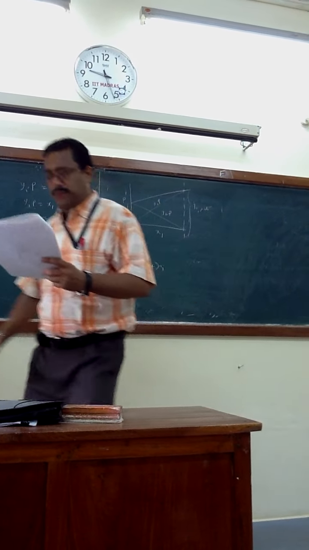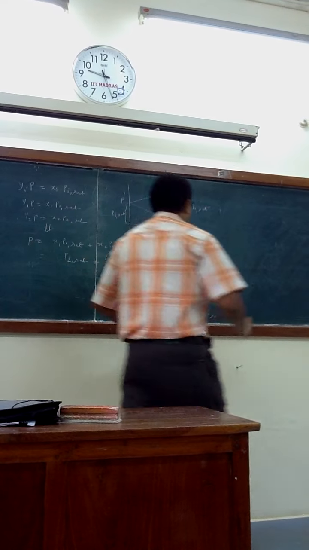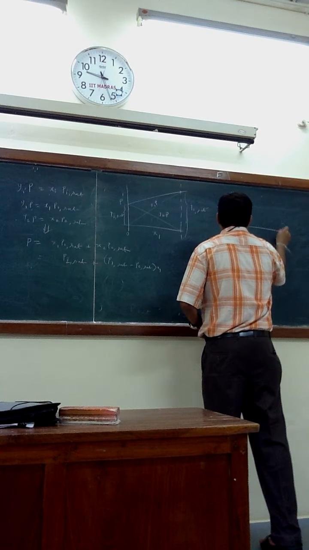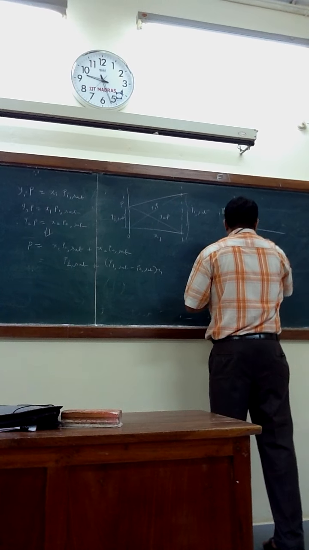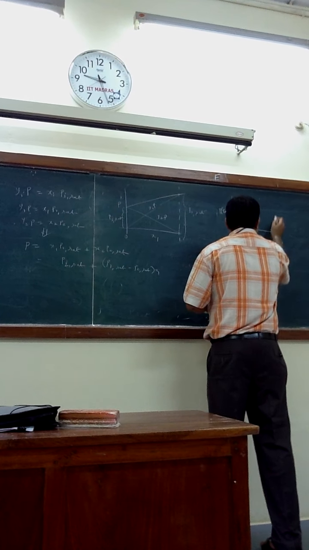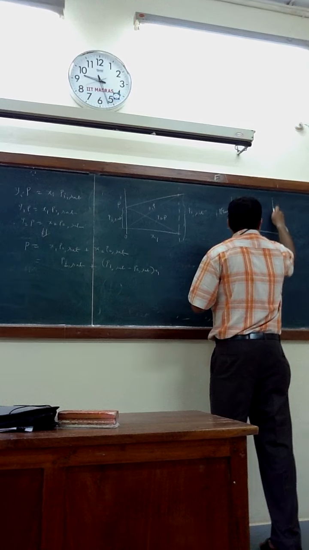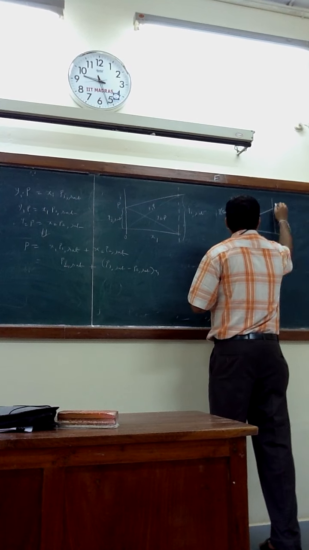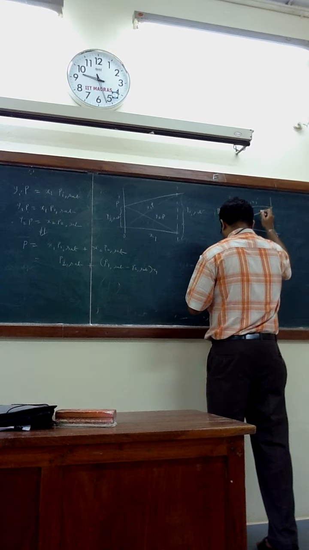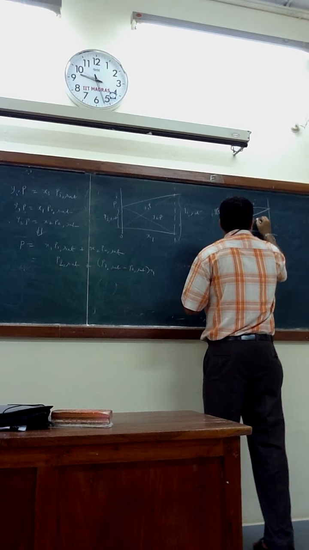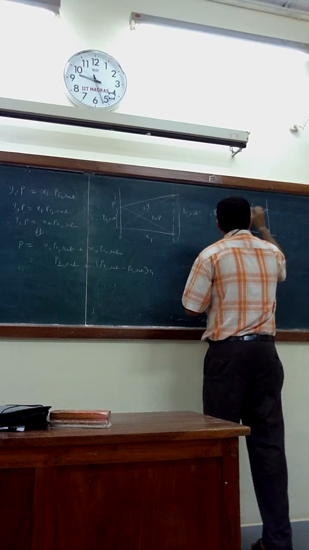What diagram am I expecting? We have pressure, x1, y1. P versus x1, P versus y1. Here it is the liquid plus vapor mixture.